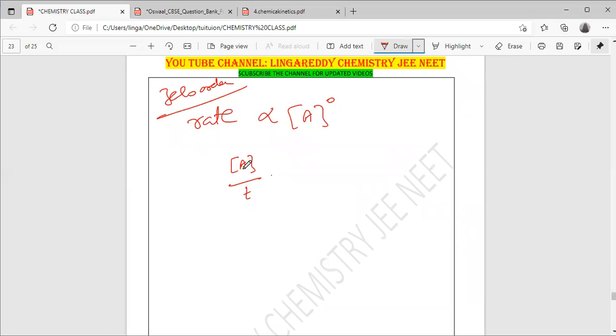A is the concentration, and dA means the concentration change, delta A. dA by dt is the rate. D for delta, delta means change: change in the concentration of A per time. Equal to k A to the power of 0.